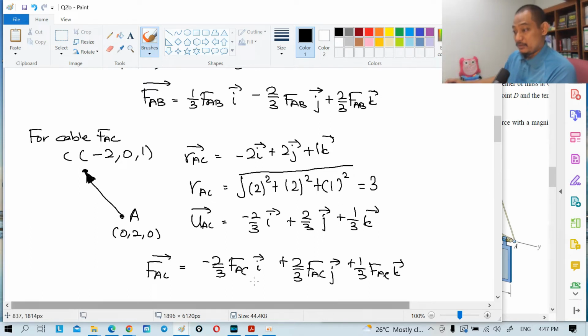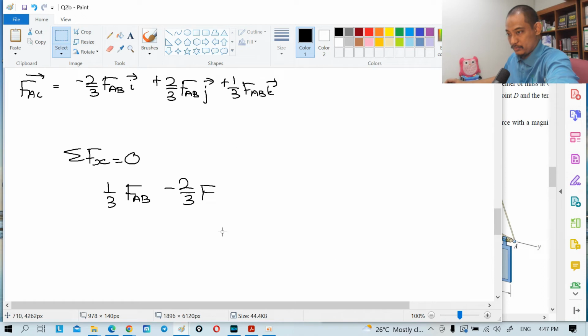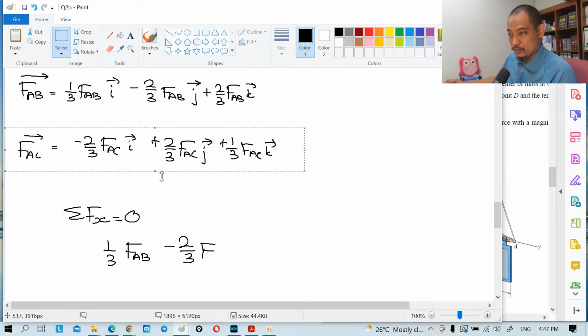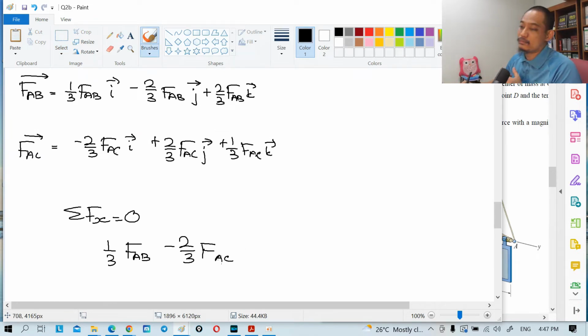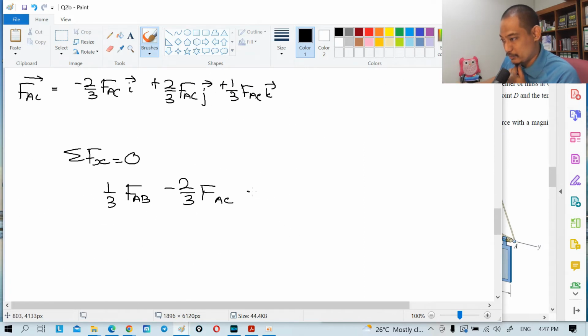But at least you realize so that you know what's going on. Okay, so going back, minus 2 over 3 FAC, dx is 0, so that's the only x component there.